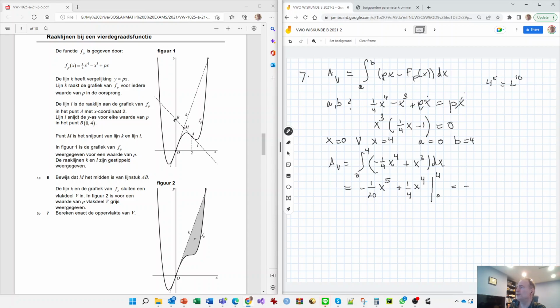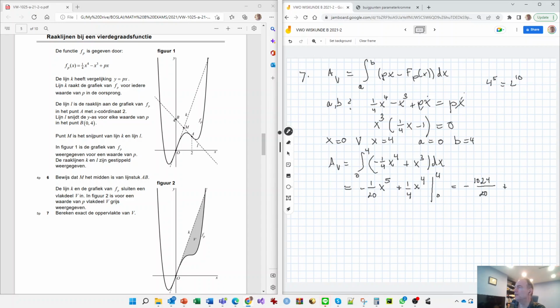But I happen to know that 2 to the power 10, because it occurs often in binary systems, is 1024. So you can actually also simplify that a little bit with the 20 here.